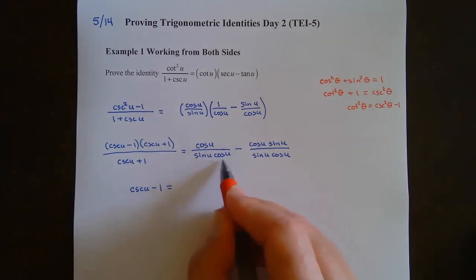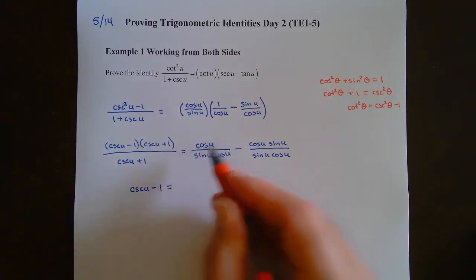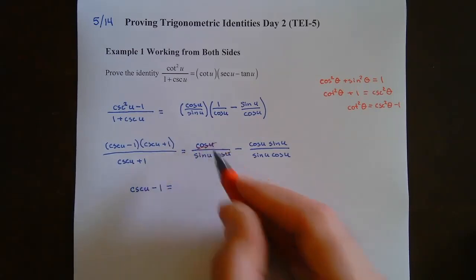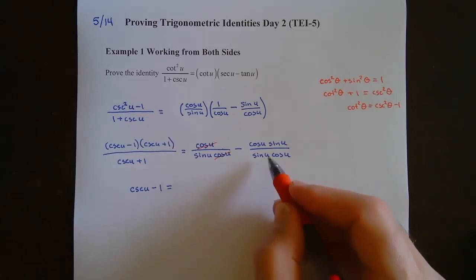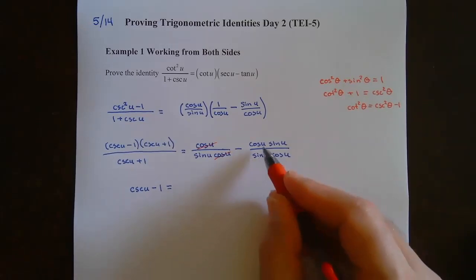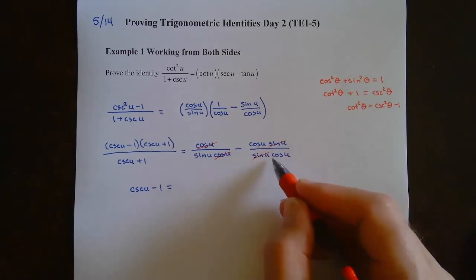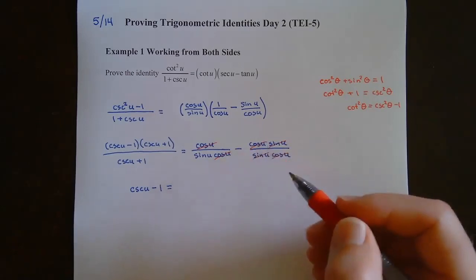Because this is a product, and this is a product because it's a product of 1 times cosine u, right? So we can cancel, right? Then over here, sine u times cosine u, and the top is cosine u times sine u. So we could cancel those too. So sine u over sine u makes 1, and times cosine u over cosine u, that makes a 1, right?